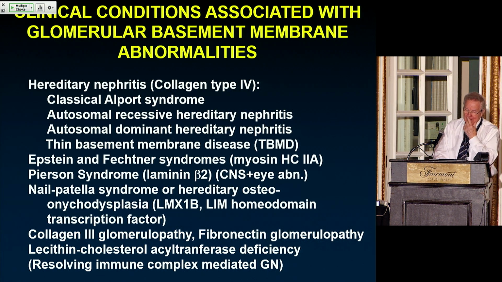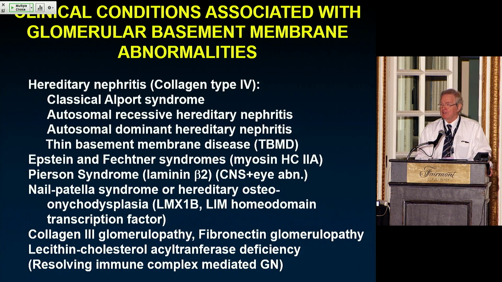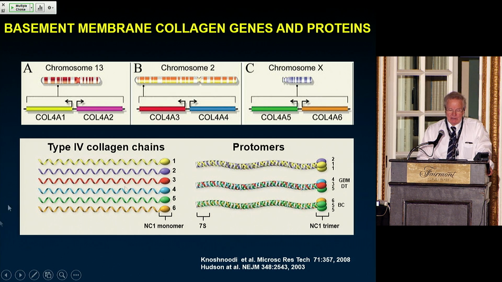These patients have hereditary abnormalities, usually of type 4 collagen. And there are a bunch of other genetic abnormalities, but most of them really affect the basement membrane collagens. And in the glomerulus, we have not only collagen 4 alpha 1 and collagen 4 alpha 2, but they get replaced by these more cross-linked collagen 3, 4, and 5.